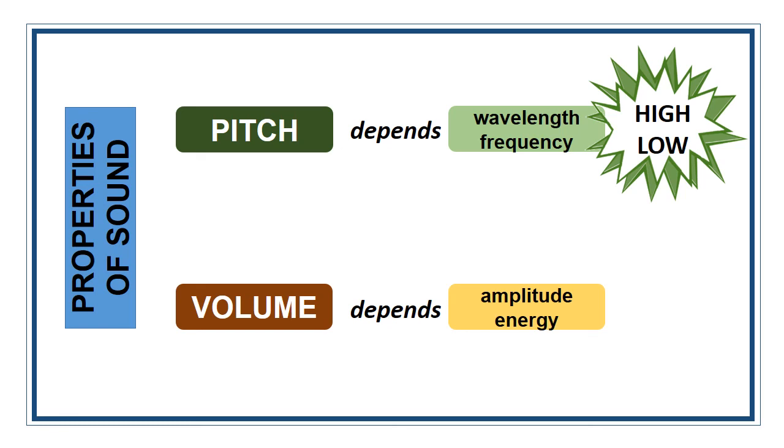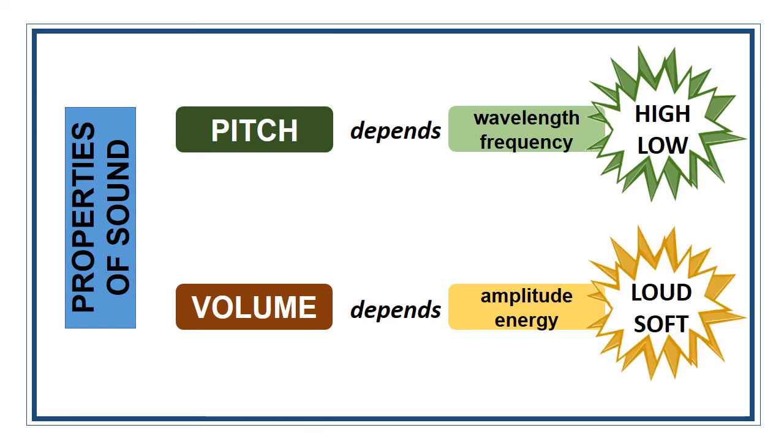And then for volume, we are going to use the words loud and soft. That means changing the amount of energy that we apply on the object that is making the sound. So this is a loud sound. And this is a soft sound.